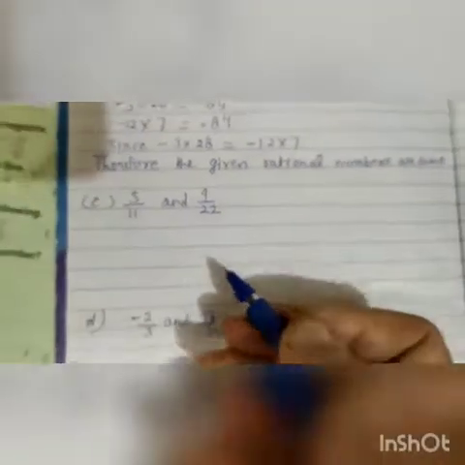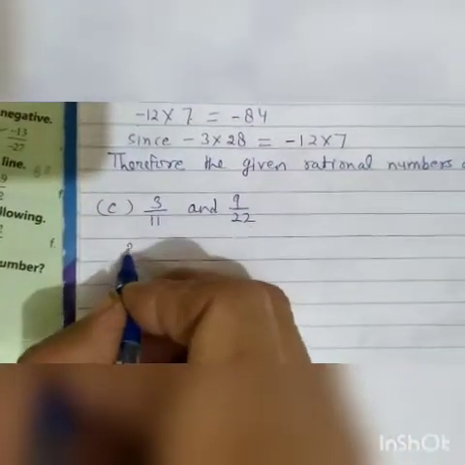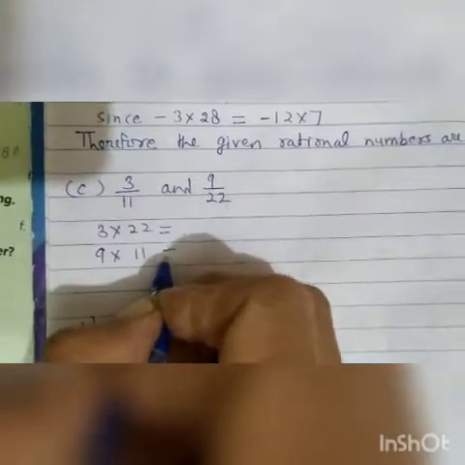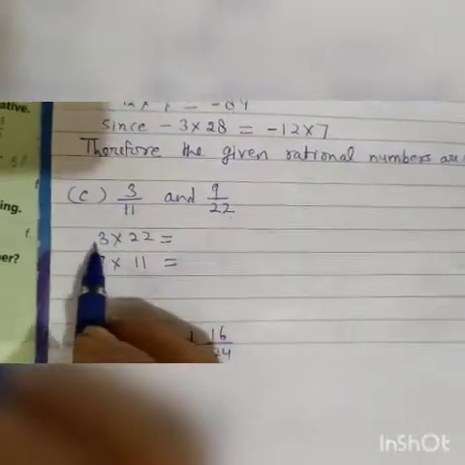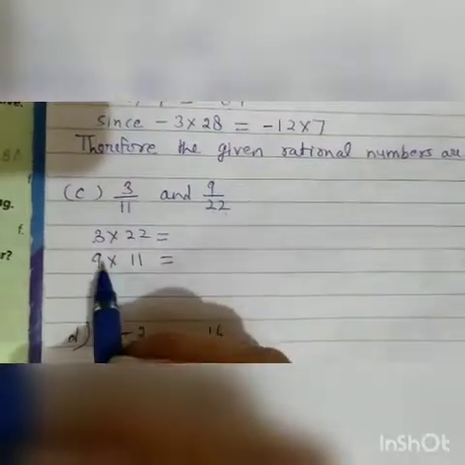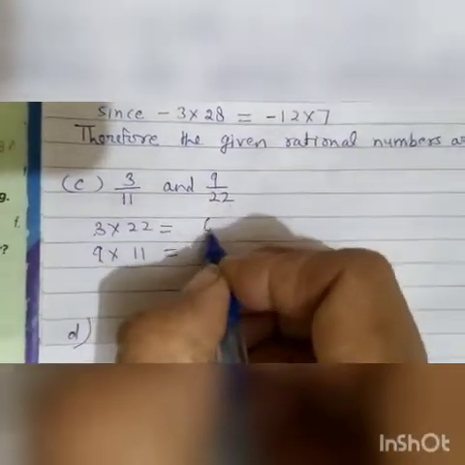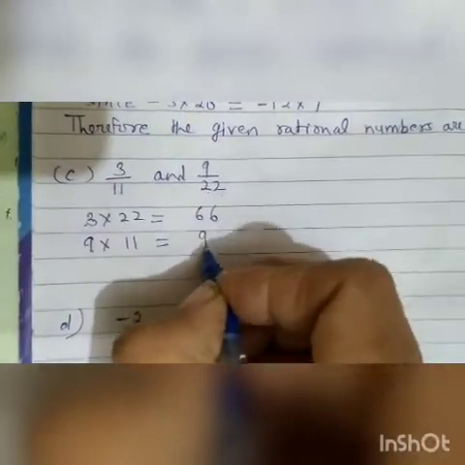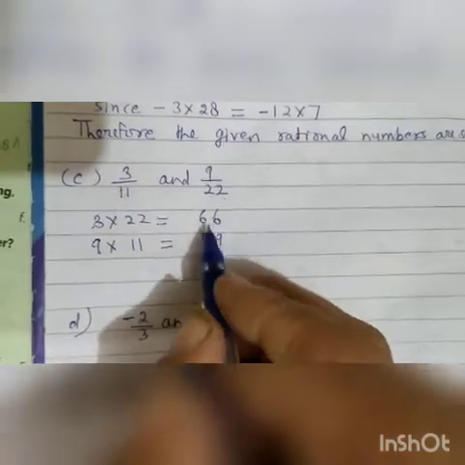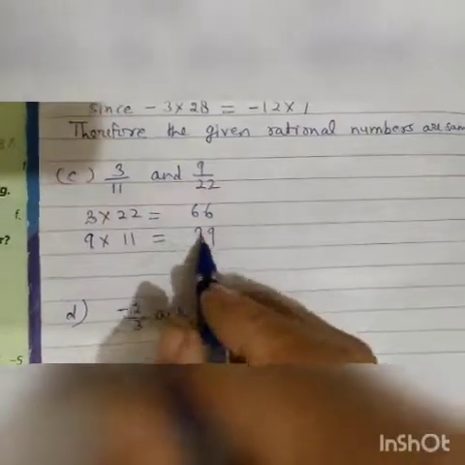Come to next part. Same this is. Again we will do cross multiply. It will be 3 multiply 22, then 9 multiply 11. Students, remember first you write numerator. Here I have written this numerator 3, then this denominator, then this numerator 9 and denominator. So 22 threes are 66 and 11 nines are 99. Both the products are same or not? These two products are not same. One is 66 and other is 99.